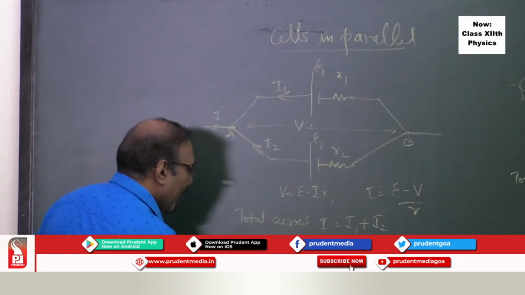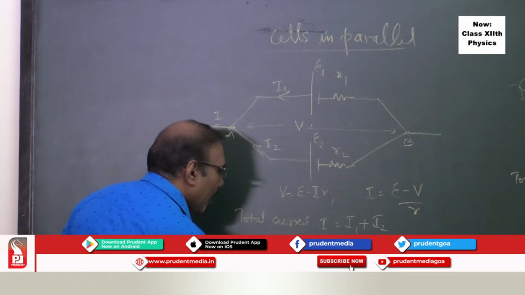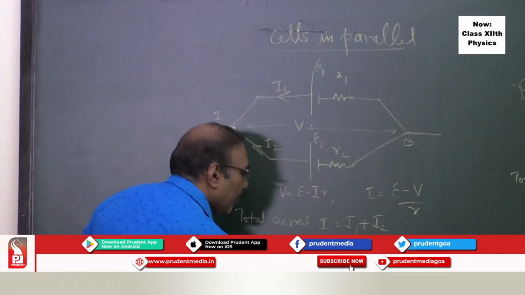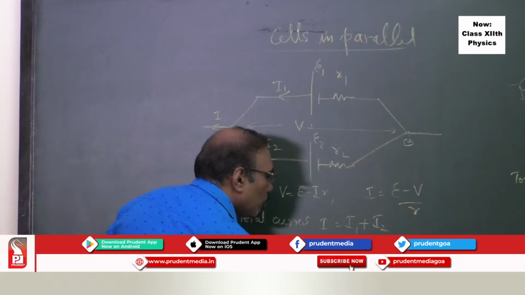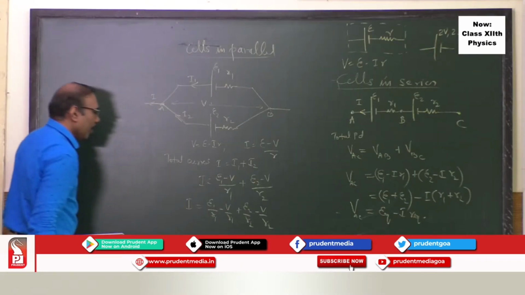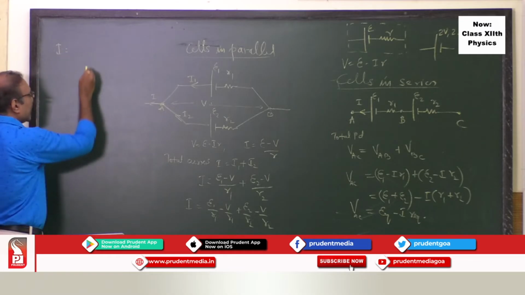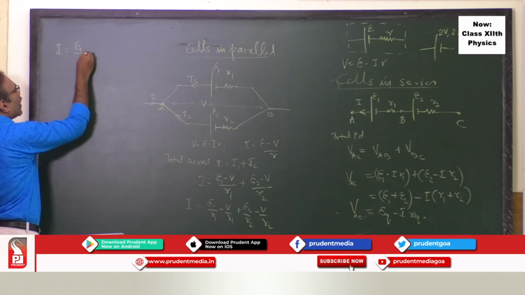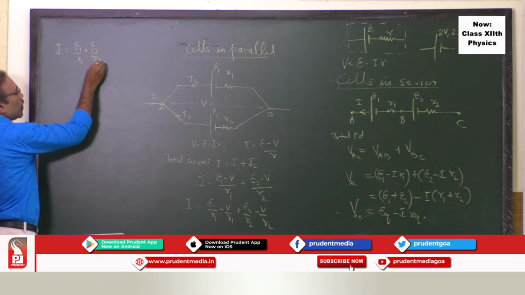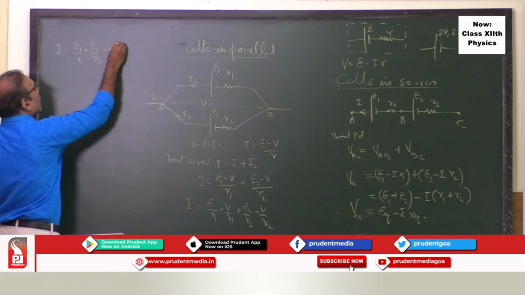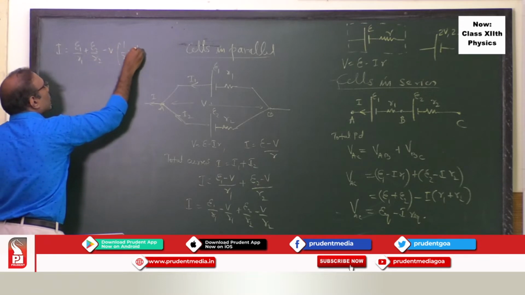So, this I can write as E1 upon R1 minus V upon R1 plus E2 upon R2 minus V upon R2, and then we can arrive at the final formula by rearranging: E1 upon R1 plus E2 upon R2 minus V times (1 upon R1 plus 1 upon R2).